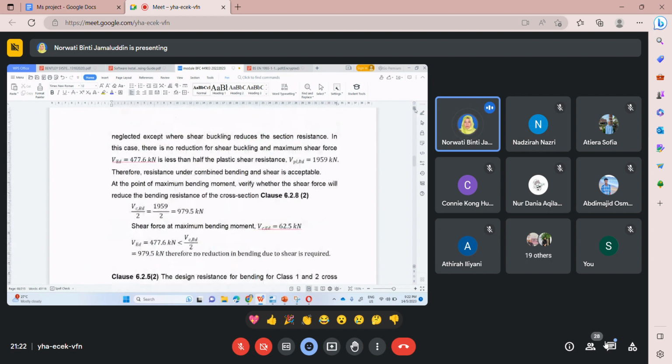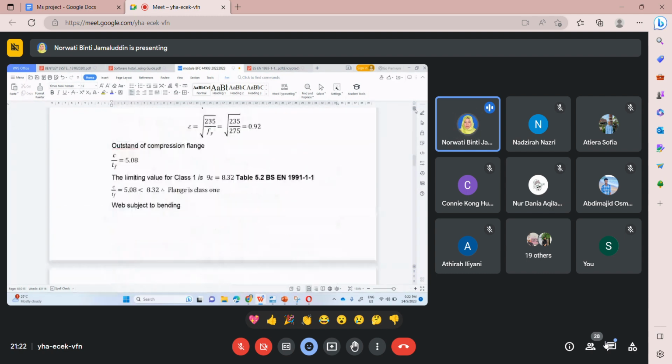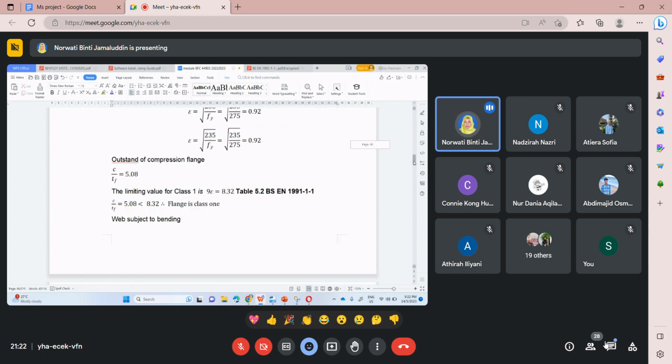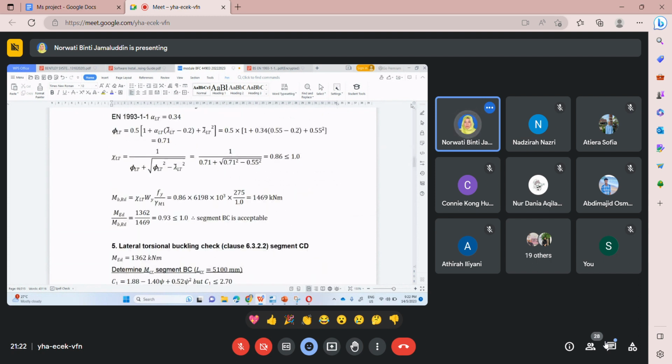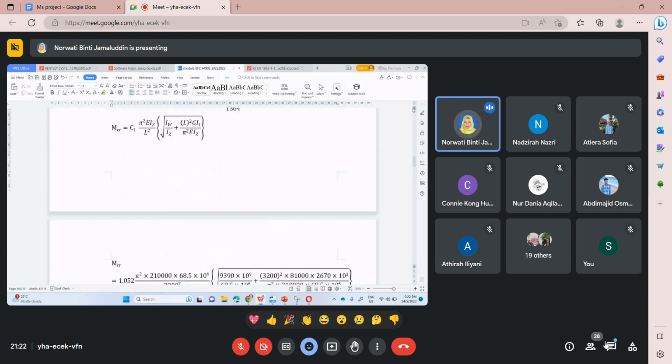For segment BC, remember you have two end moments. So what is the ratio? This value, the smaller value to the large value. That is the ratio. So that is the value for this symbol, which I cannot remember how to pronounce.